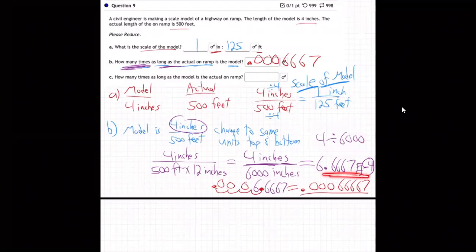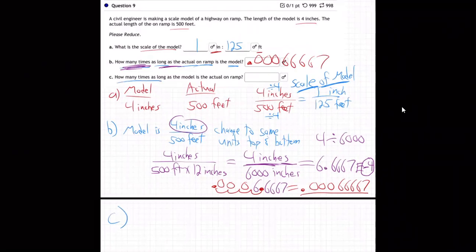And I get this weird thing, E minus 4. That minus 4 means the decimal goes back 4. It's actually scientific notation. You remember back from Math 10A? It means times 10 to the minus 4 power. The decimal has to go back 1, to the edge of the number, and then 2, 3, 4. Those 3 jumps bring in zeros. So 0.0006667, whatever. The 6s really go forever. And then the other way, part C, is just the same thing upside down.